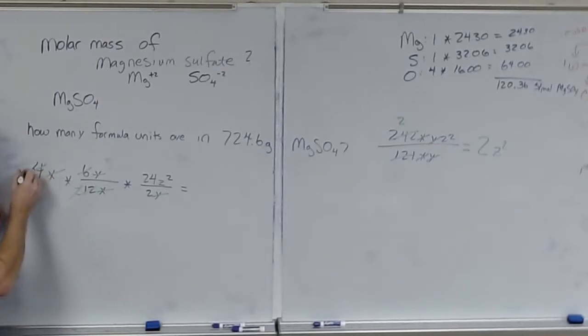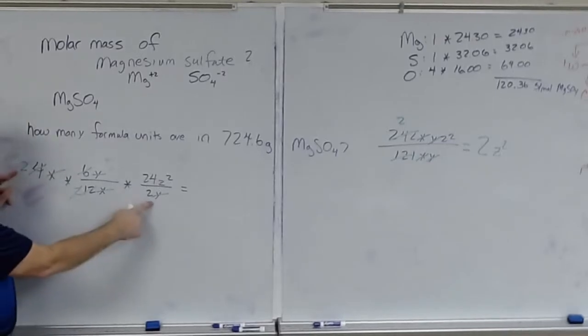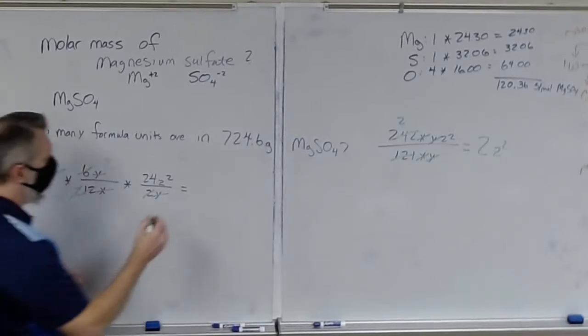And that turns into 2. And then what can I do next? Do y'all see I got a 2 up top and a 2 on the bottom? They cancel each other out. So my answer turns out to be what? 24z squared.